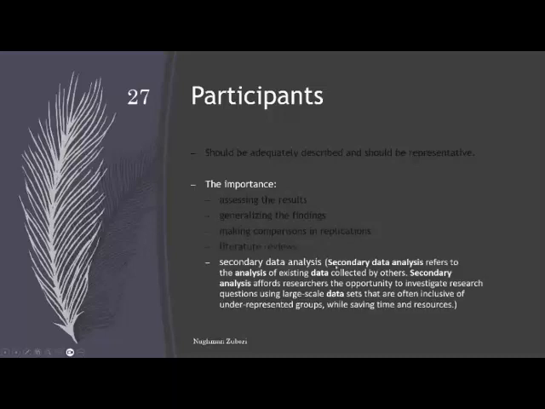Secondary data analysis refers to the analysis of existing data collected by others. Secondary analysis affords researchers the opportunity to investigate research questions using large-scale data sets that are often inclusive of underrepresented groups while saving time and resources.